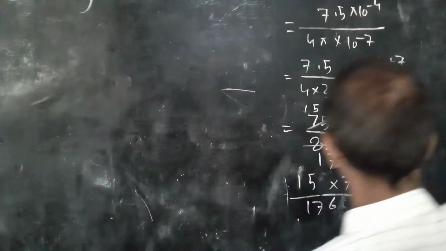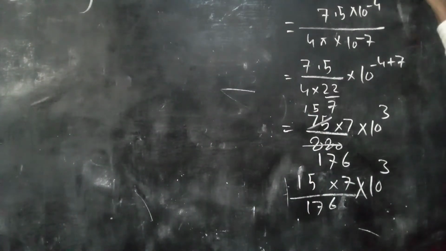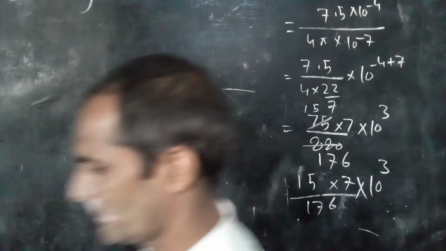So you get mu r is equal to 105 over 176 into 10 raised to power negative 3, na. So divide 105 by 176.